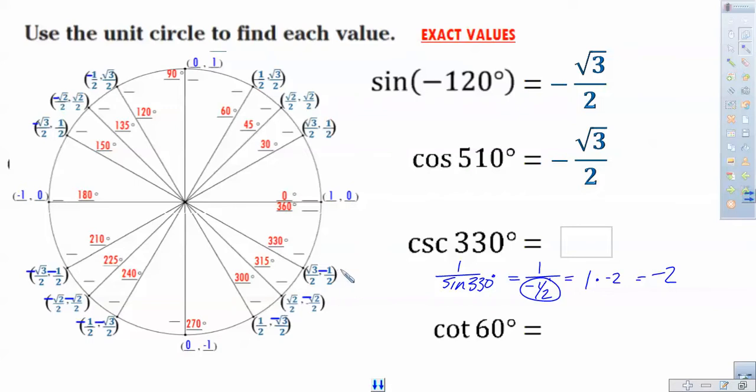Or if you're really thinking on your feet, reminder, cosecant and sine are reciprocals of each other. So if you see that the sine at any given angle is a certain value, in this case negative 1/2, all we have to do is flip it over and we have negative 2.